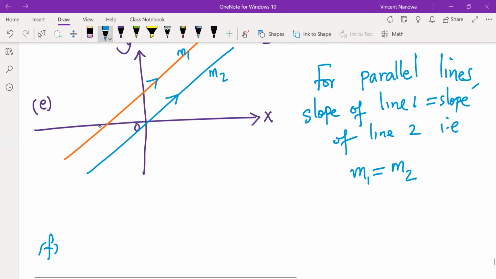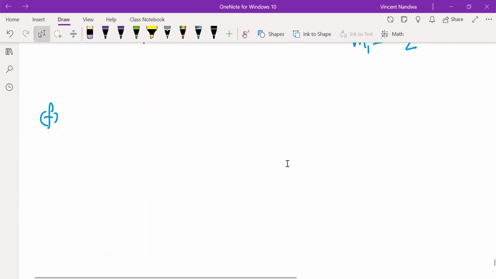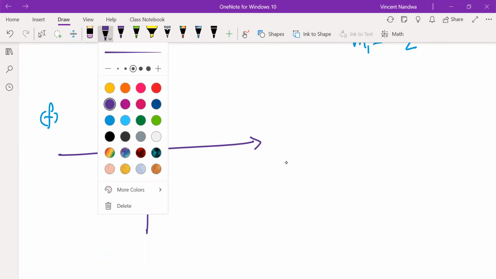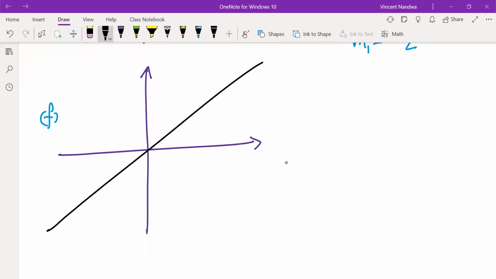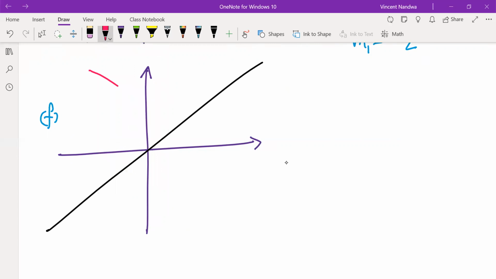And then let's say this is one line, and this is another line, such that the two are meeting at 90 degrees.